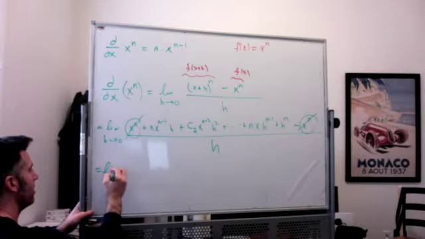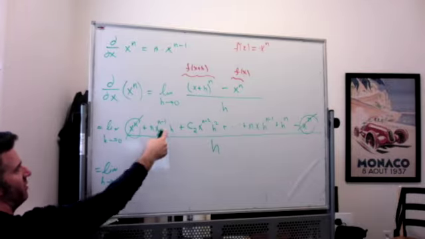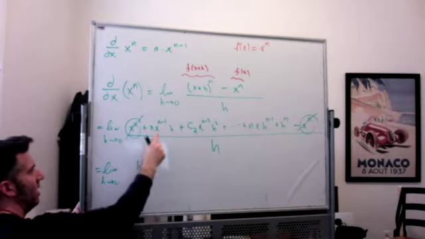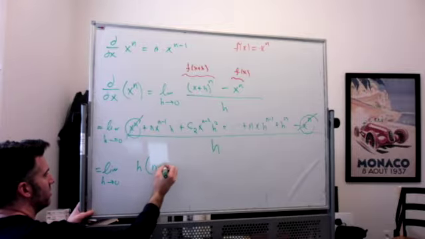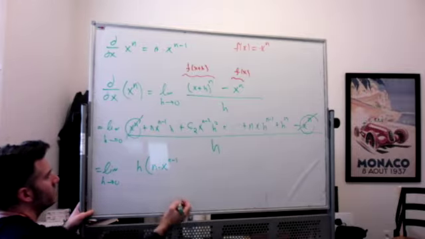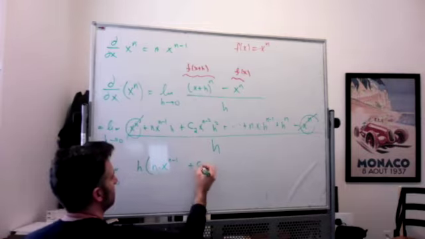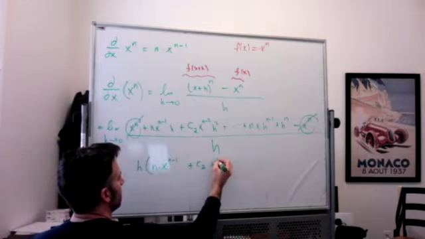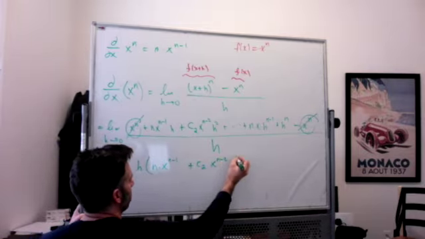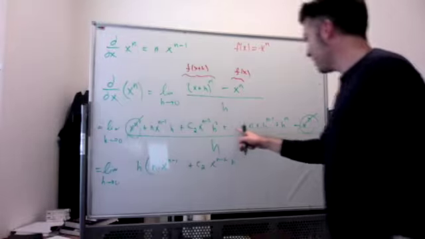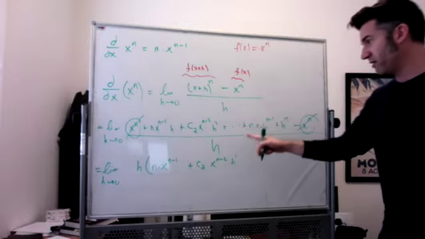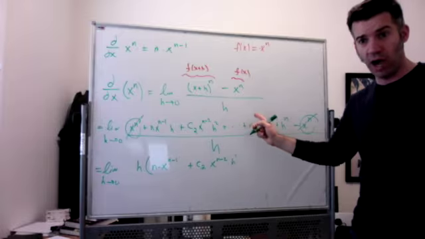With the limit as h goes to 0, I factor out an h from everything, and n times x to the n minus 1. And then here I've got a C2 times x to the n minus 2 times h to the first. Then everything else is still going to have an h in it, because everything else had a power of h that was 2 or higher.